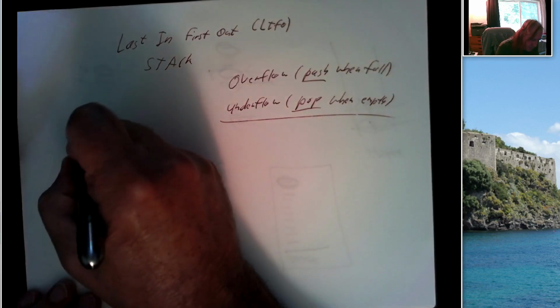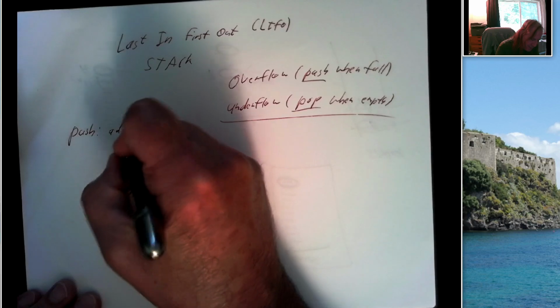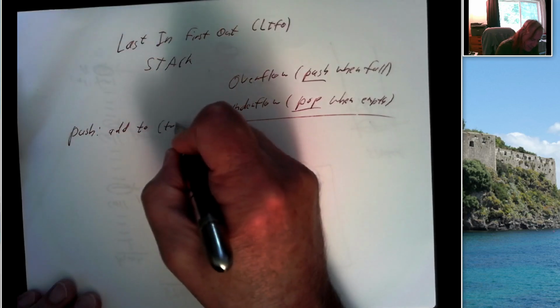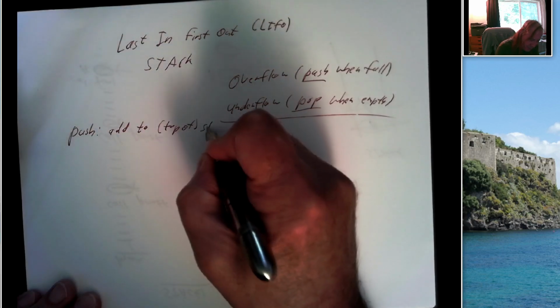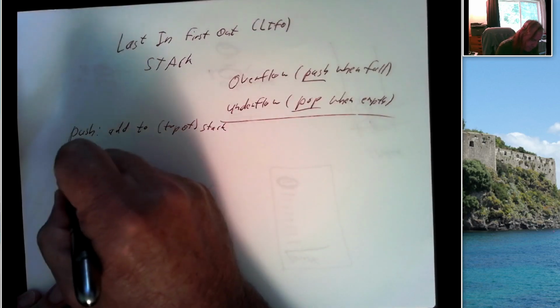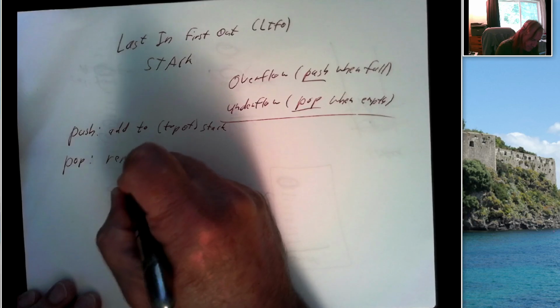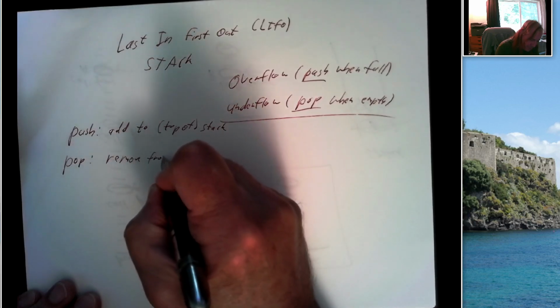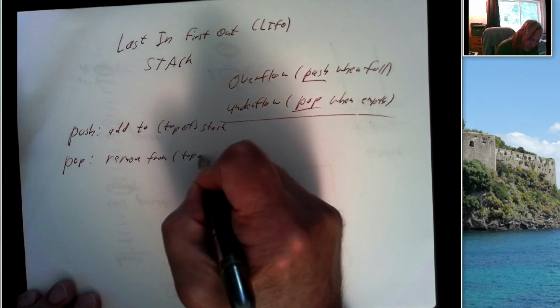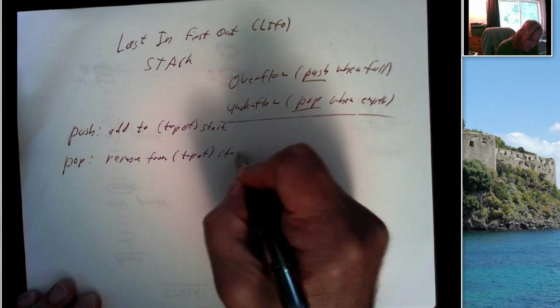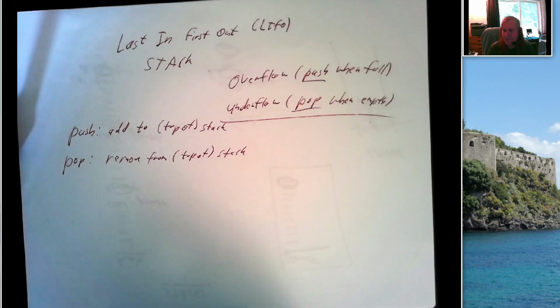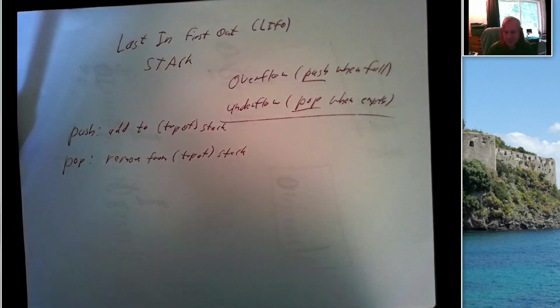Push means add to top of the stack, and pop means remove from top of the stack. And those are mostly the two things we do with stacks. We push and we pop. Push is adding, popping is removing.